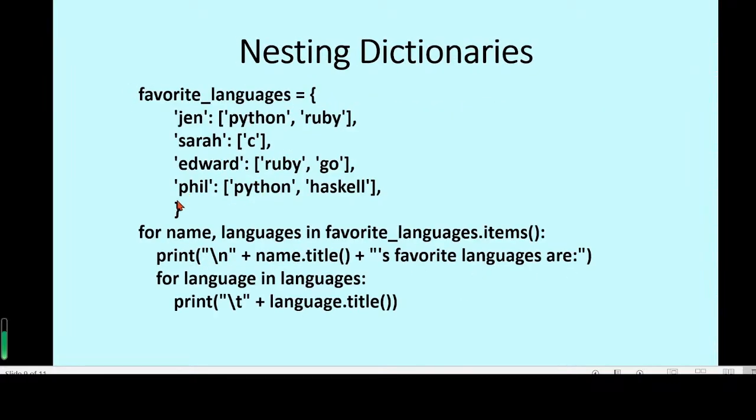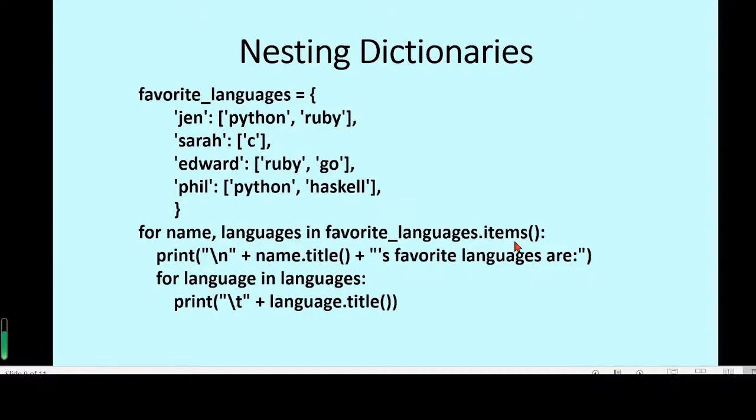So for the programming languages dictionary, this time we use a list to store the values for the languages each person likes. For example, Phil has 2 programming languages, and Jan also has 2, but Sarah has only 1 programming language.